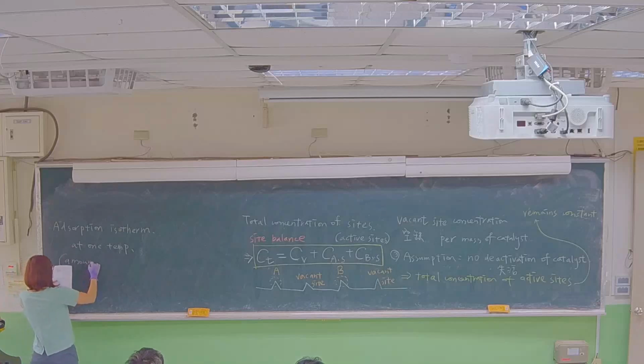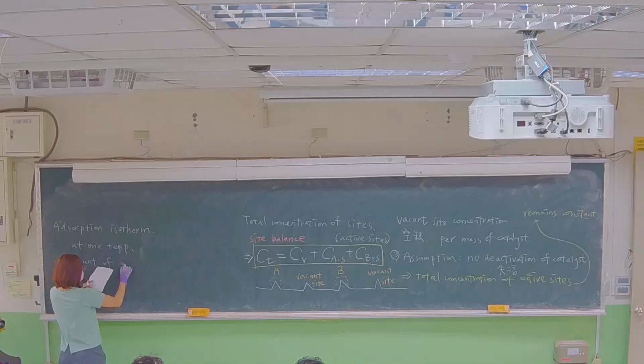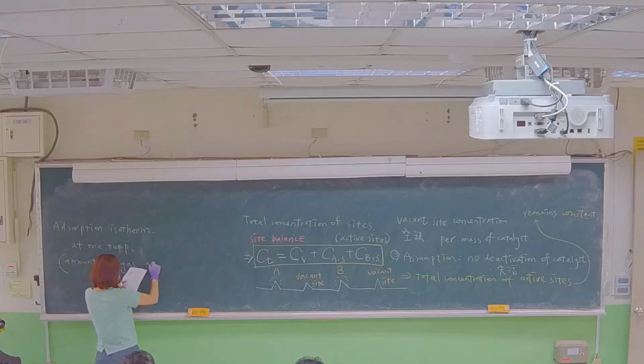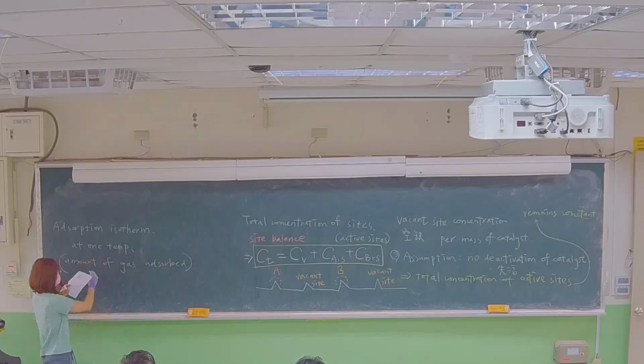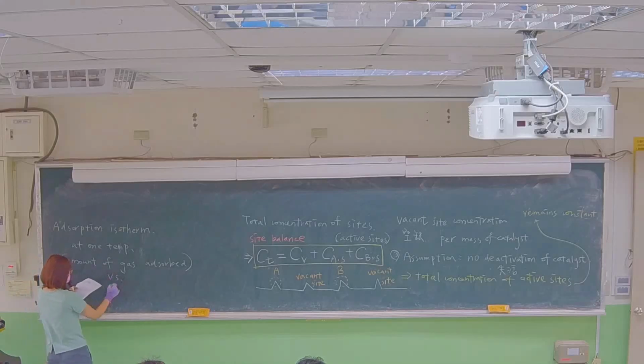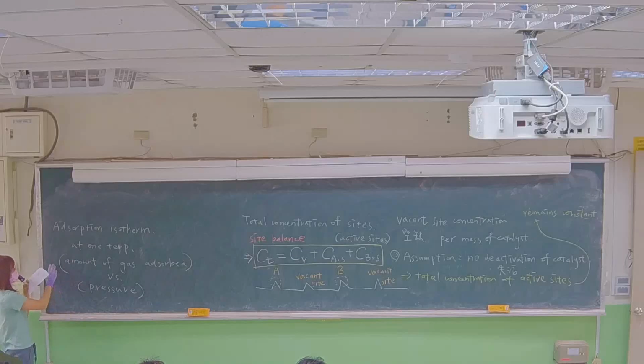We talk about the amount of gas or liquid, the reactant, adsorbed on the solid at different pressures. So this plot shows the amount of gas versus pressure, as I told you before.